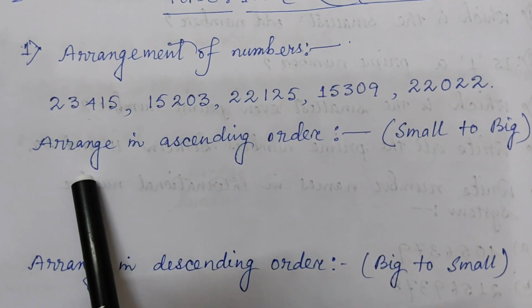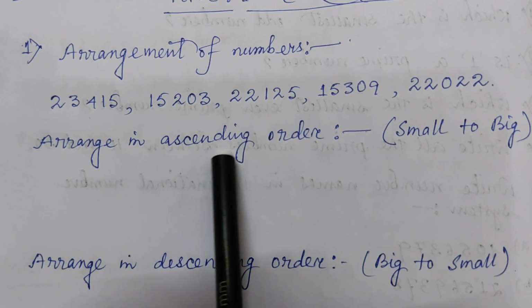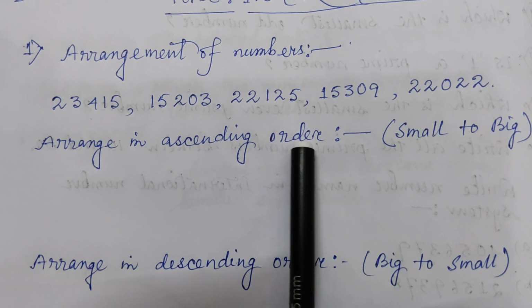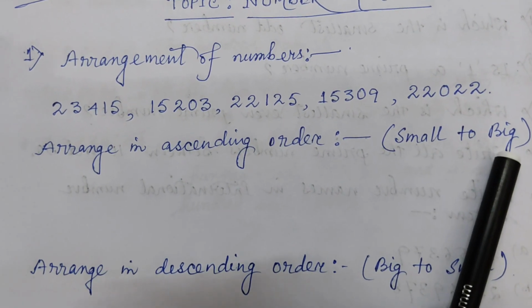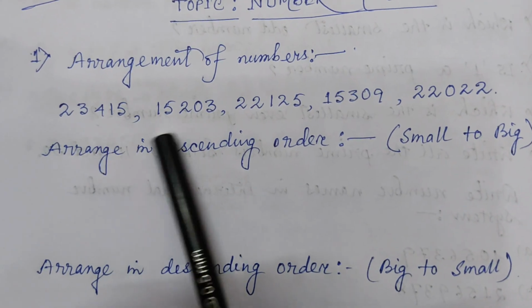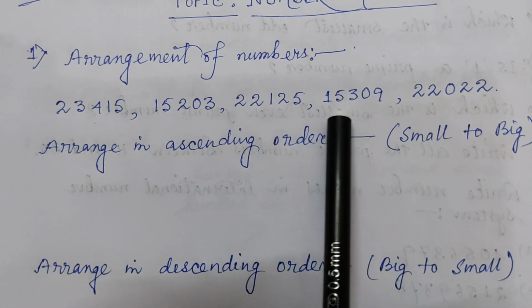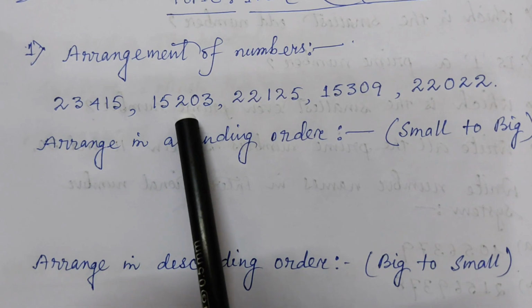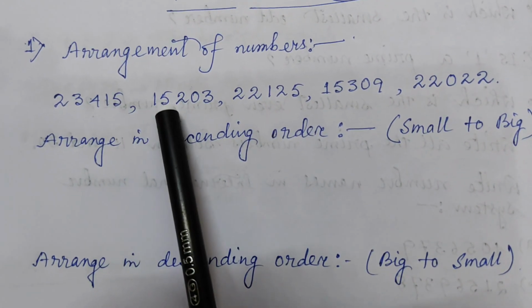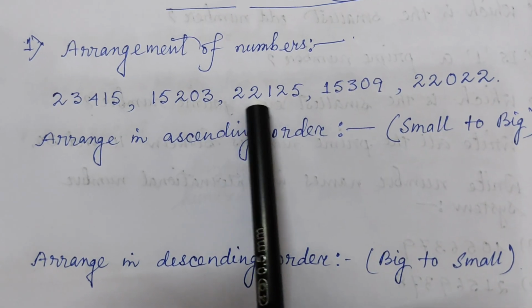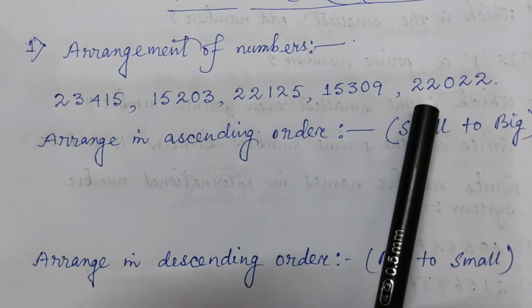So first we have to arrange the numbers in ascending order, that is first small, then big. Among the numbers, you can see which is the smallest number. Here 23,000, 15,000, 22,000, 15,000, 22,000.